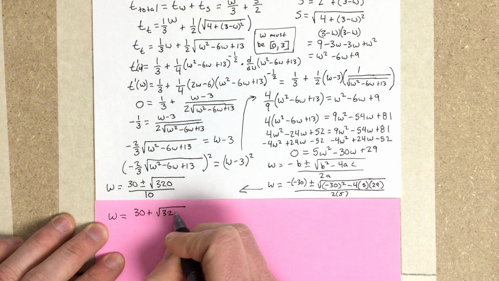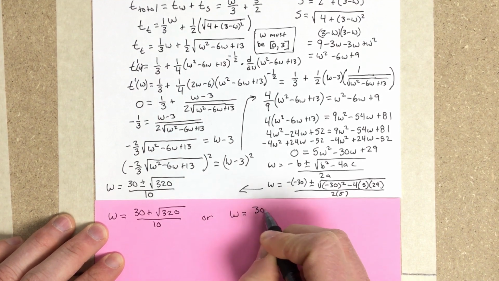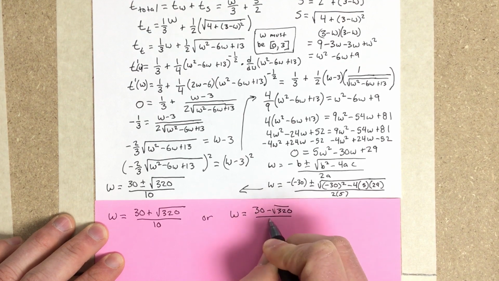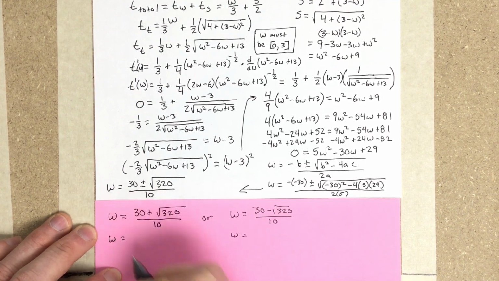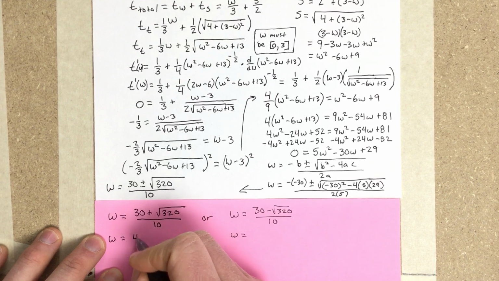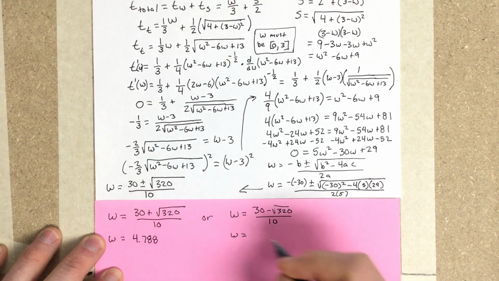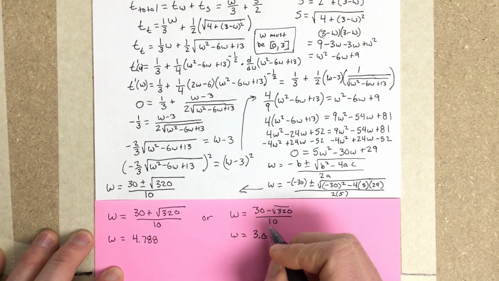We're going to say w is equal to 30 plus root 320 over 10, or w is equal to 30 minus root 320 over 10. So w is going to equal 4.788, or 3.03.